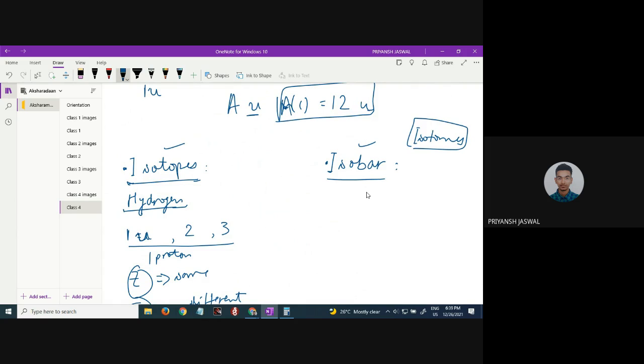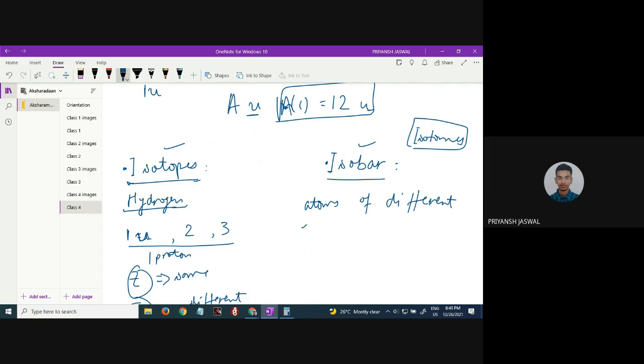The other is isobars. Isobars are the atoms of different elements having same mass number. Let me write it.